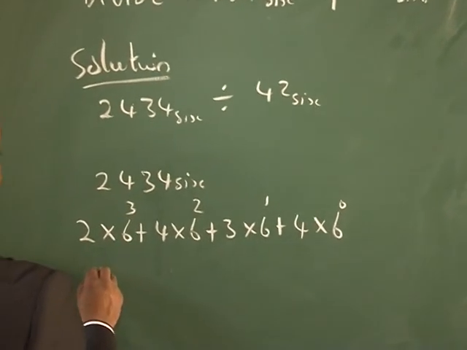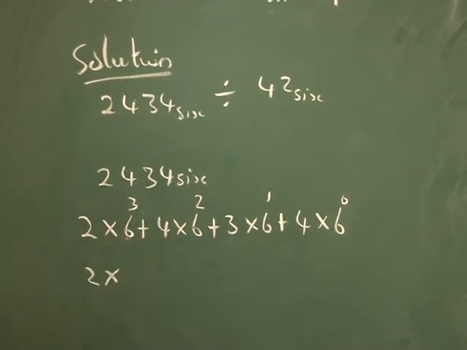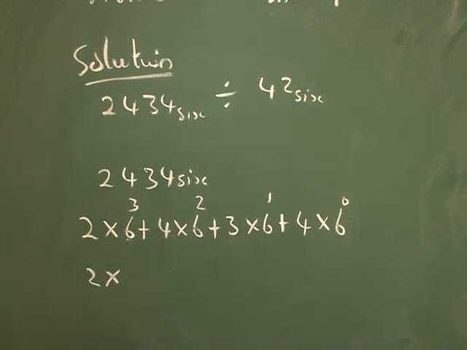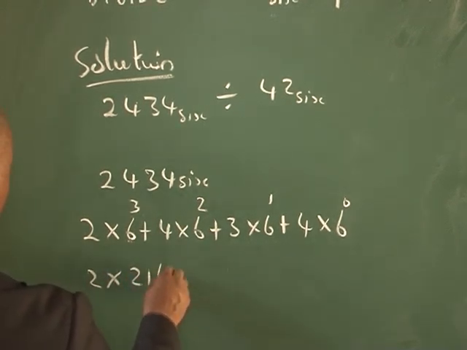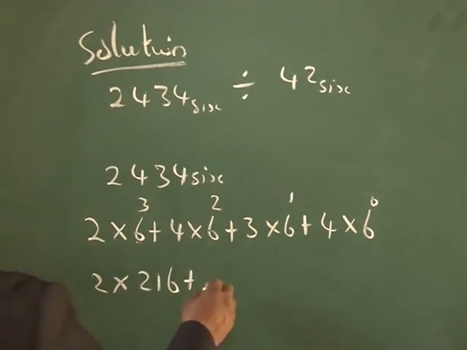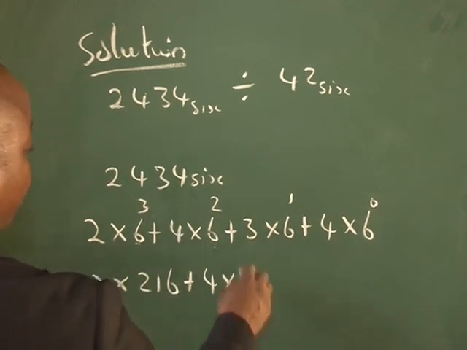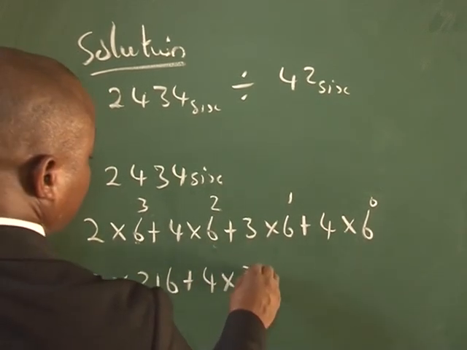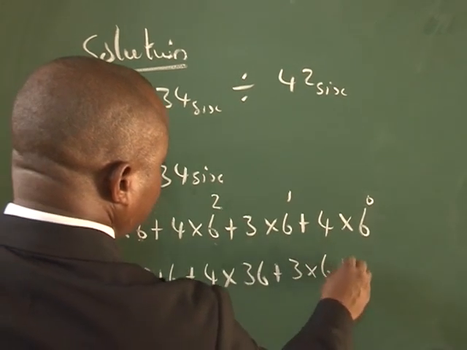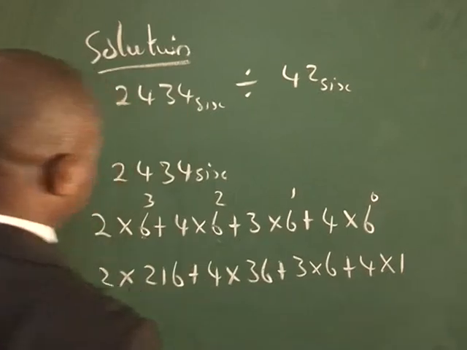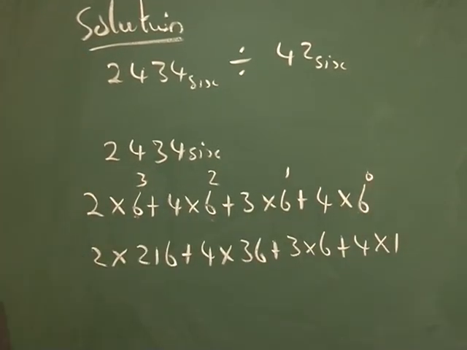This will give us 2 times 6 raised to the power 3. Of course, 6 cubed is 216, plus 4 times 6 squared, which is 36, plus 3 times 6, plus 4 times 1, since 6 raised to 0 is 1.